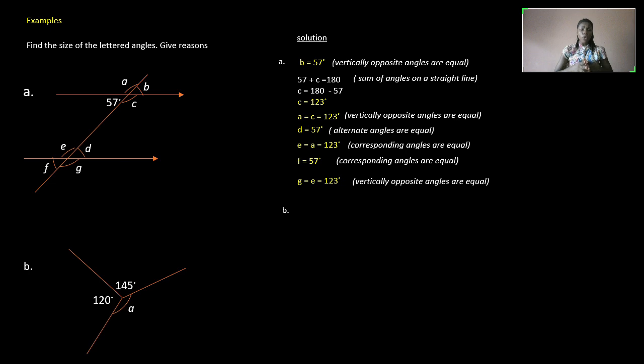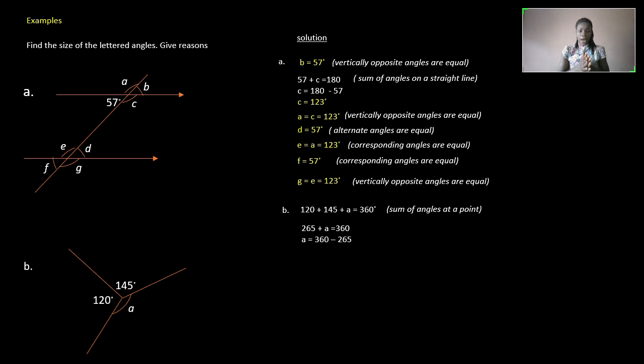So for us to be able to find angle A, we are to sum up the angles and equate it to the total sum of angles at a point. So we're having 120 plus 145 plus A equals 360. Reason, sum of angles at a point.